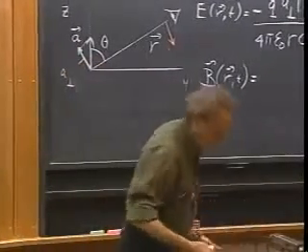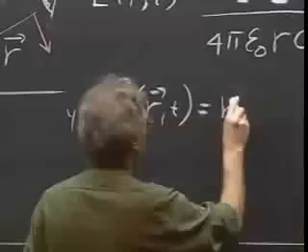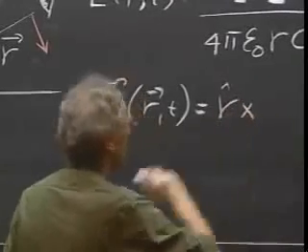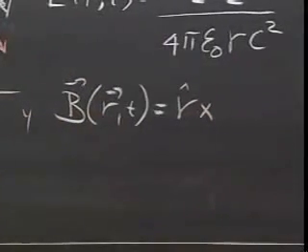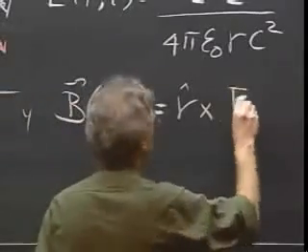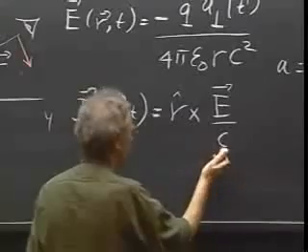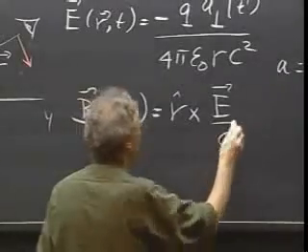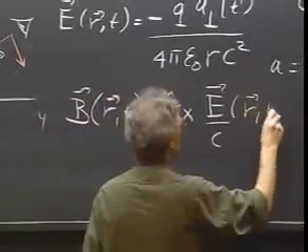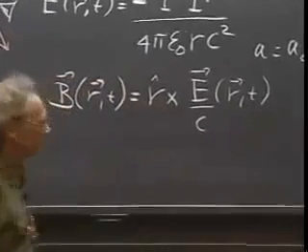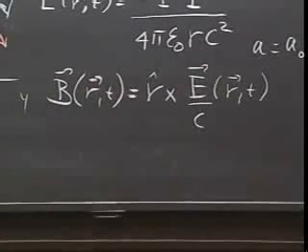And if you take all that into account, then you can write the B vector as the unit vector in the r direction times E divided by c, if it is the speed of light, c if it is in vacuum, and that is then at r, t. So that's the connection between E and B.